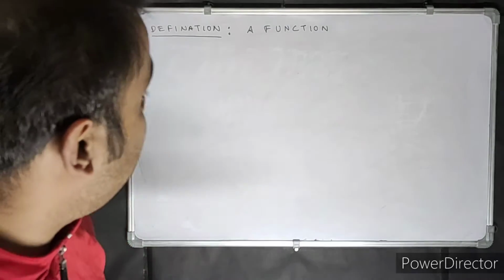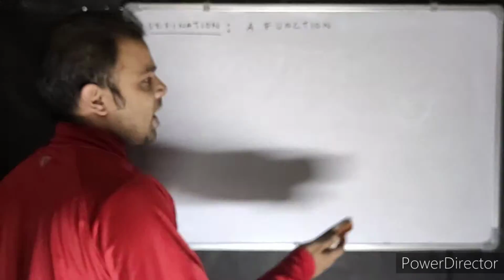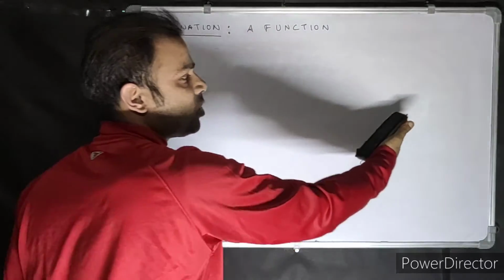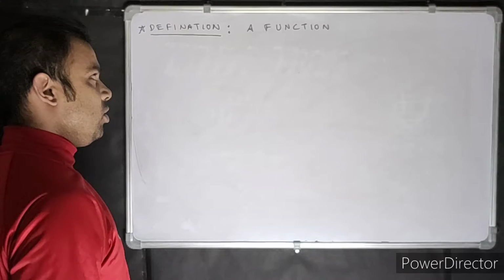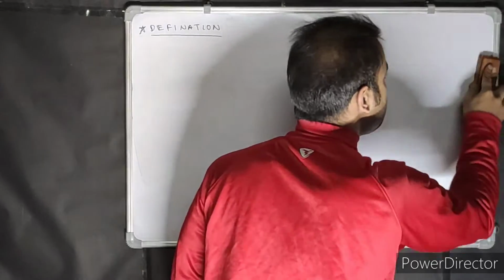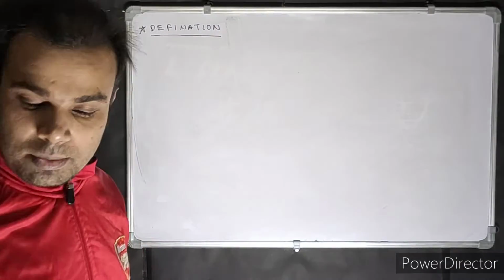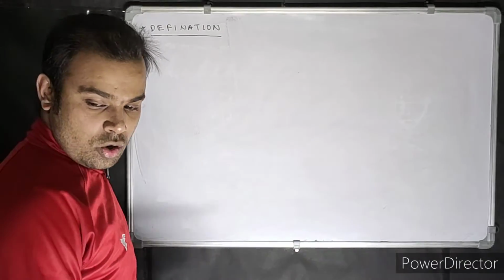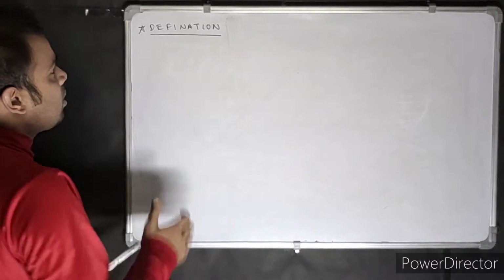Now I told you that a function can approach from the left hand side and also from the right hand side. So we need to define that from the left hand side it's continuous, and also from the right hand side it has to be continuous. This is the definition.